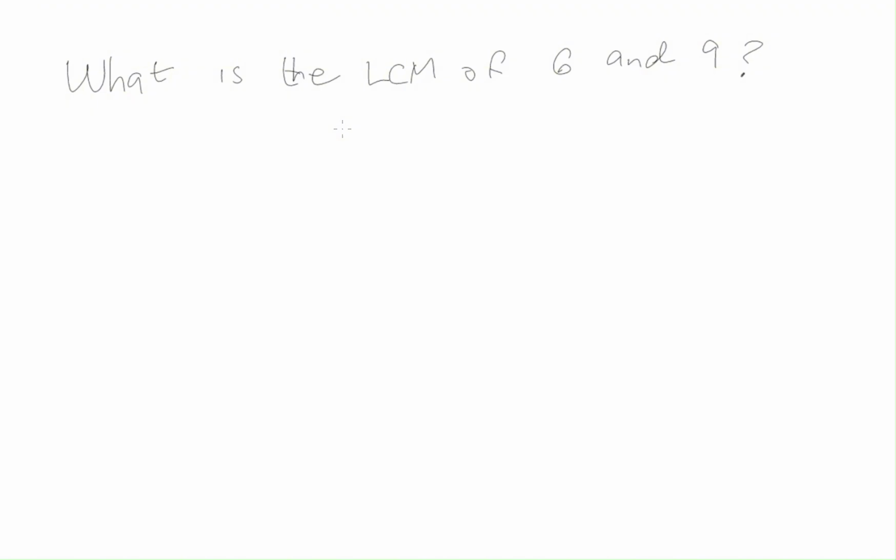For this example, we're going to look for the least common multiple of 6 and 9. The first step in understanding this is understanding the concept of prime factorization.